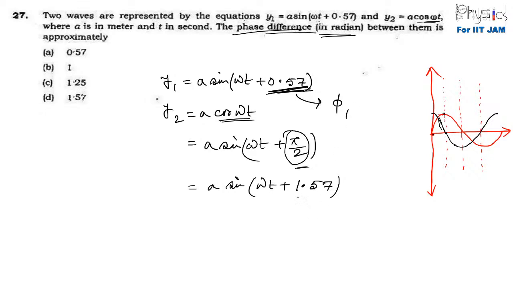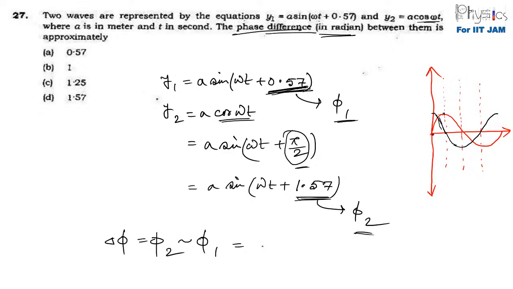So if it is phi 1 and phi 2, then what is delta phi? Delta phi is the phase difference, right? The phase of this wave is 0.57, suppose it is phi 1, and for this wave it is 1.57, that is phi 2.